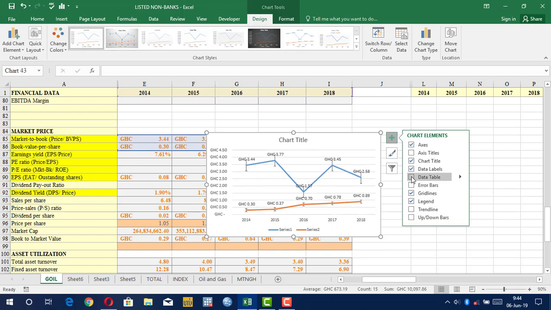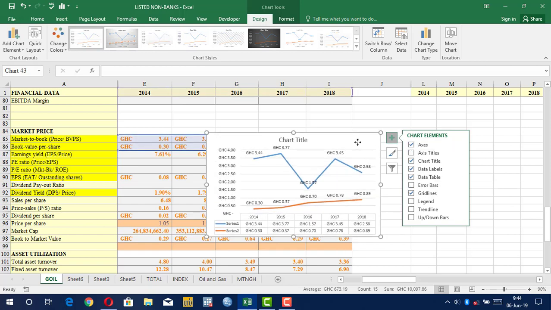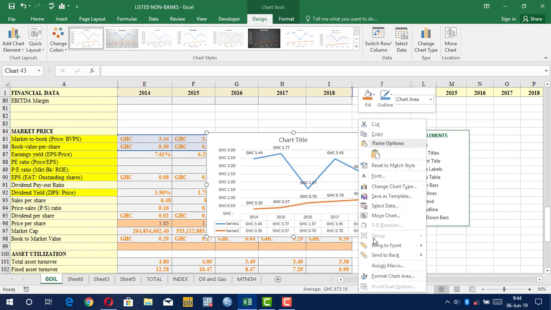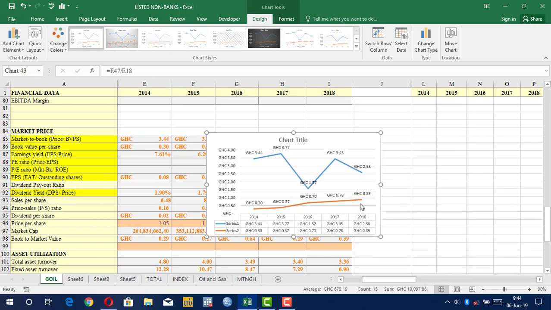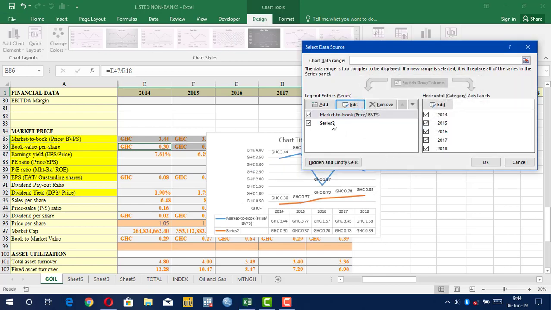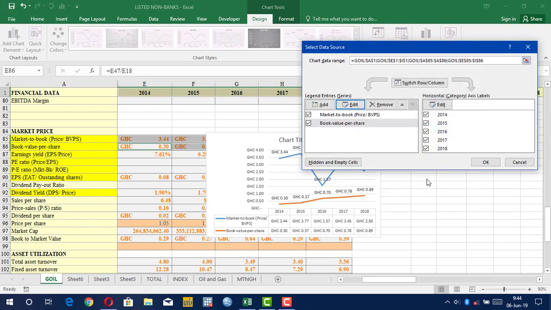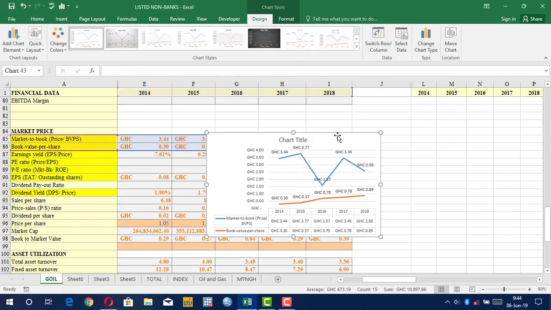Data labels, data table. Okay, let's edit. Select series 1. Series 1, we have the market to book. Series 2, we have book value. Okay, so there we have it.